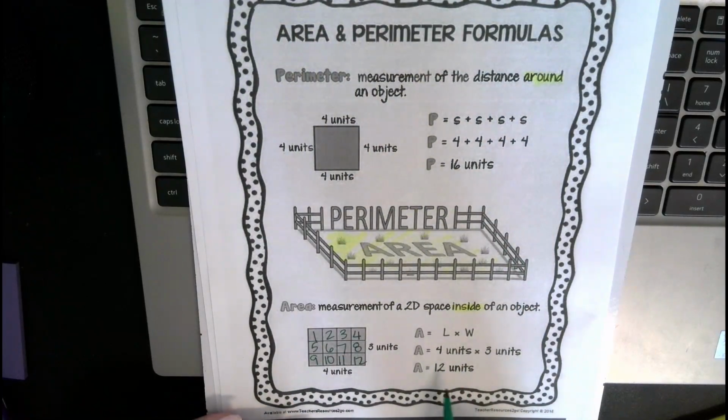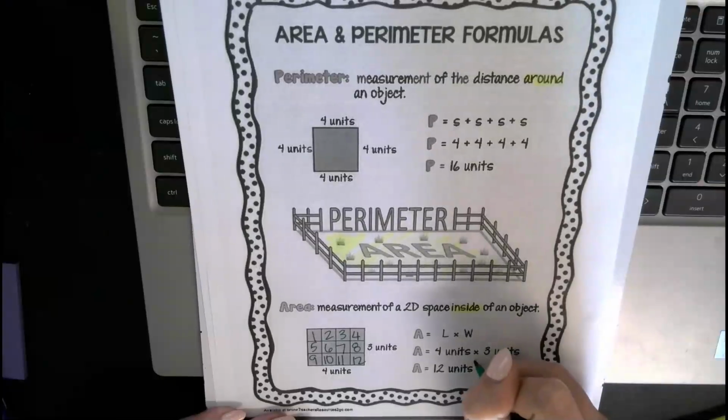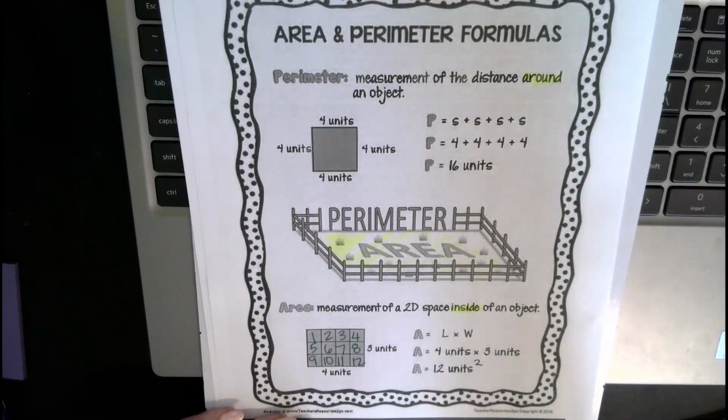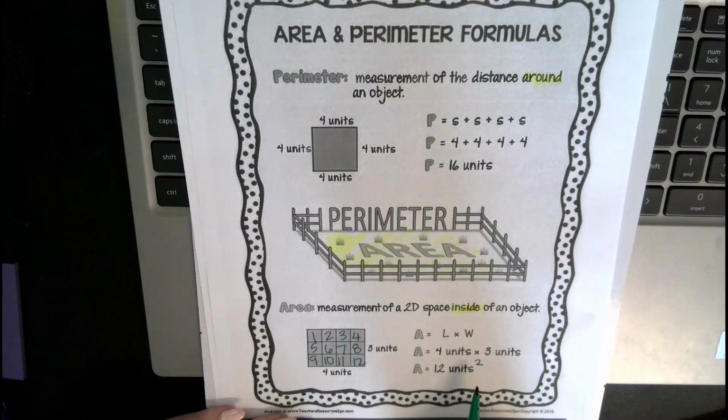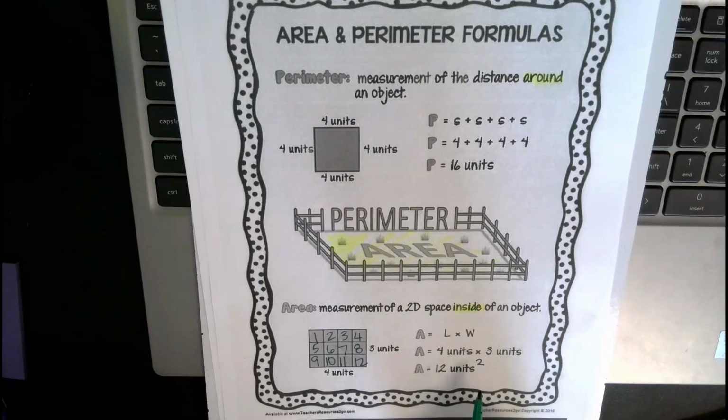All right? That is 12 units squared. So I could write 12 units with this little square symbol up here. What does the square symbol look like? It's new. It looks like a tiny 2 at the top. Does that make sense? In the corner. Do y'all see this tiny 2? Yes. It means squared. All right, 12 units squared.